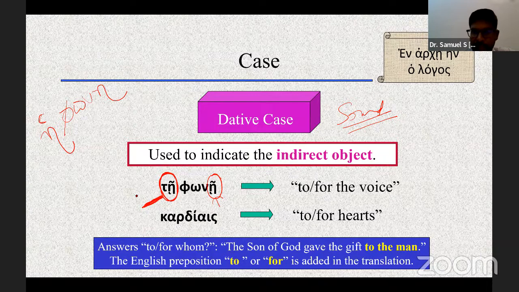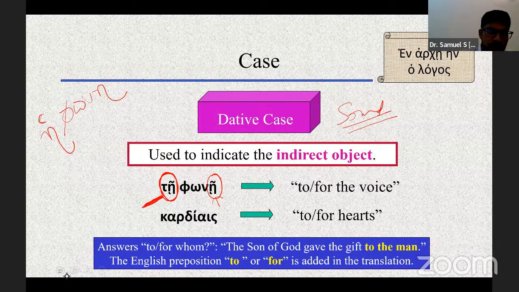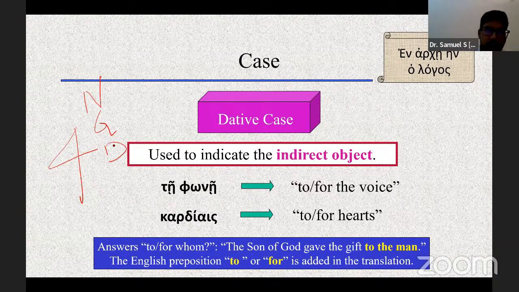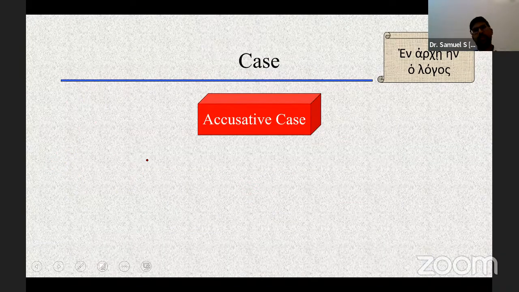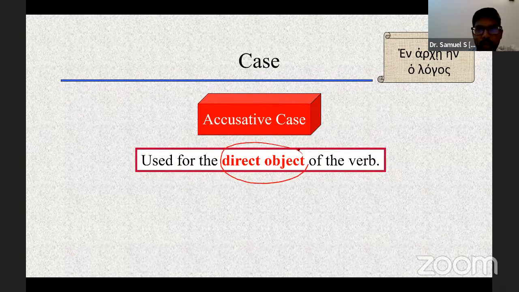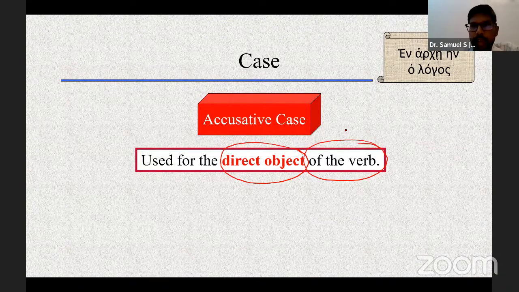So let's keep going. Some of these things will become more clear as we go. But remember, so far we've looked at nominative, genitive, dative, and now we have to look at accusative. Let's see the next one. Accusative case, the fourth one. The accusative case is used for the direct object of the verb, which is the noun directly receiving the verb.